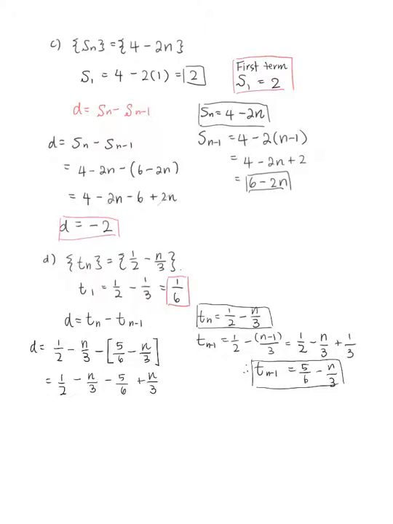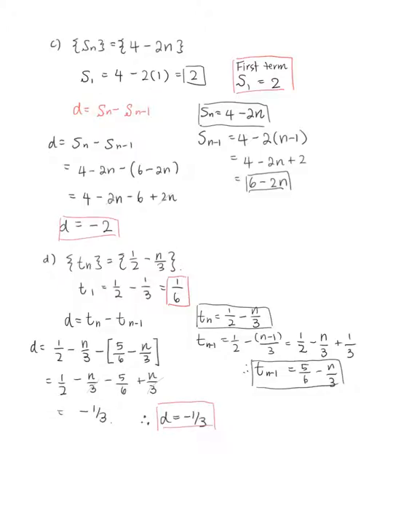All right, looking good. So we can cancel these two out. And what we're going to get is, what is that? Negative 1/3. All right, so therefore, our common difference d is going to be negative 1/3, and the first term is 1 over 6.